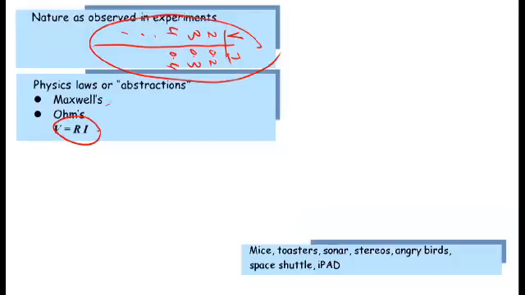Other phenomena are described by Maxwell's equations. And these equations, whether it's Maxwell's, Ohm's, or classes of other equations, think of these as succinct expressions or learning from those reams and rooms and rooms of data. So here, these equations can be thought of as abstractions for those tables of data.